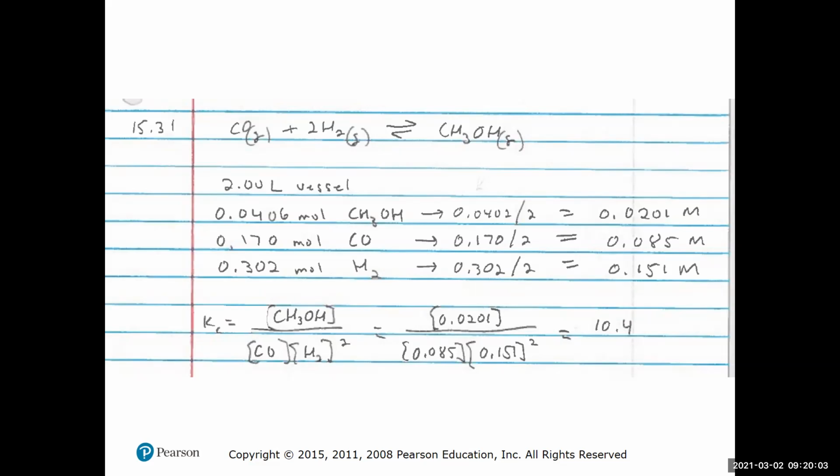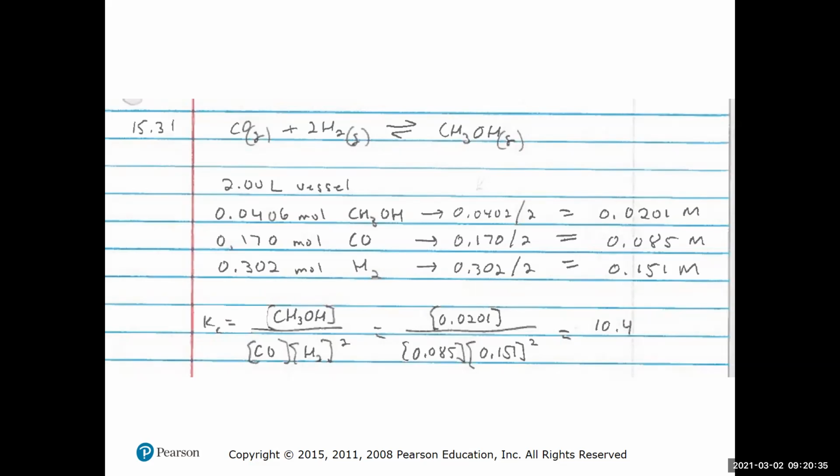So we have our balanced chemical equation up here: CO plus 2H2 going to CH3OH. We can write that equilibrium expression, products over reactants, like we did before. It's the methanol concentration divided by the CO concentration times the H2 concentration. Because the H2 in the balanced chemical equation had a coefficient of 2, we have to square that term.